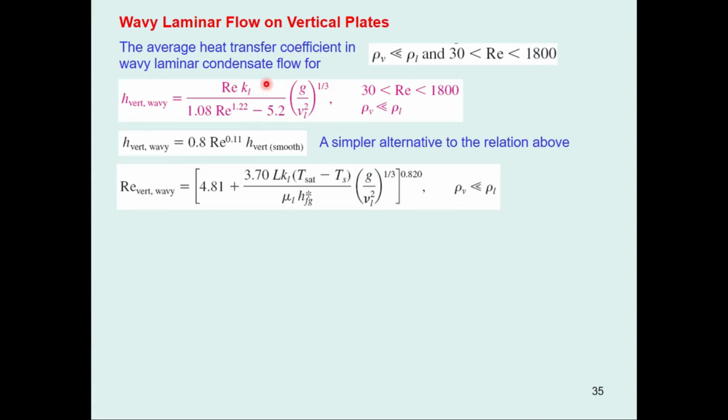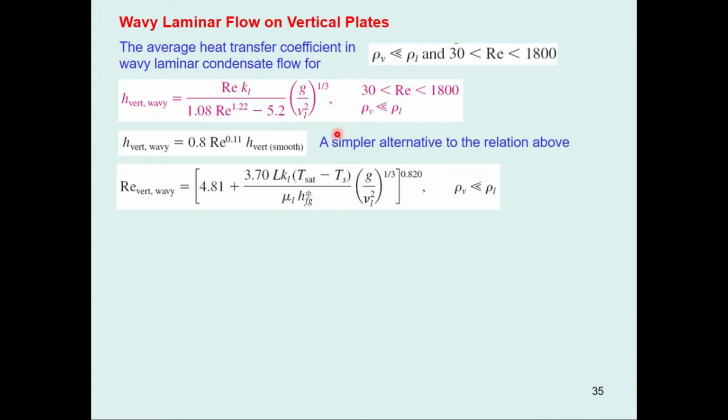Second, we have the wavy laminar region, in which the Reynolds number is between 30 to 1800. This is the derivation, and this is the final formula where the density of the vapor is far less than the density of the liquid. You can use this formula.